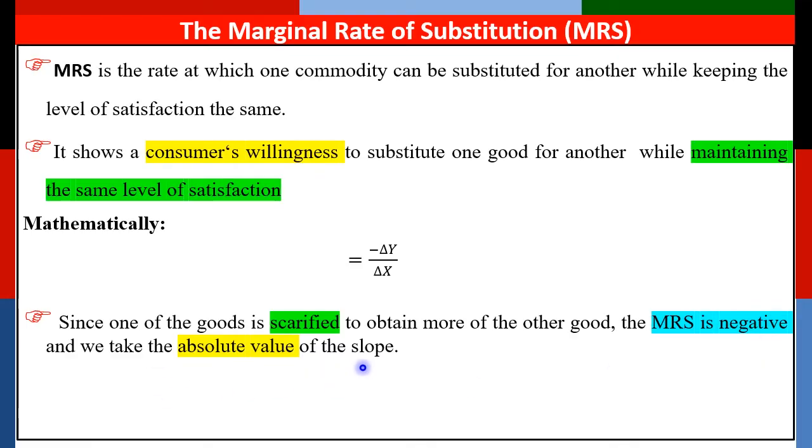In order to increase the consumption of x, we have to decrease the consumption of what? Y. At that time, the slope of the marginal rate of substitution is what? It is negative. The negative sign of the marginal rate of substitution shows that the indifference curve is negatively sloped, downward. In order to avoid the negative sign, we put this value in absolute terms, and then any number in absolute value becomes what? It is positive.